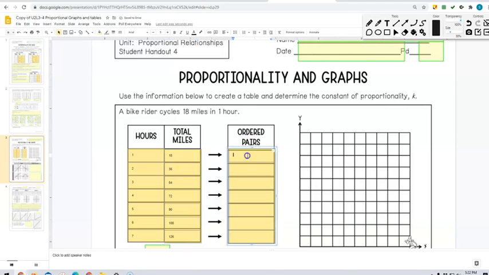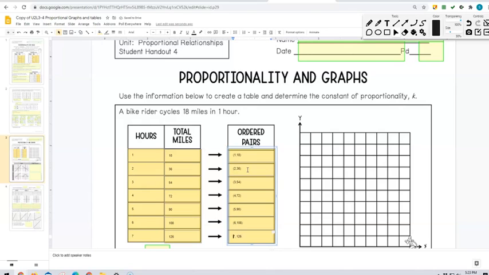Now, each one of these is going to result in an ordered pair, so we're going to have our XY pair. So it's going to be 1, 18, 2, 36, 3, 54, 4, 72, 5, 90, 6, 108, and 7, 126.